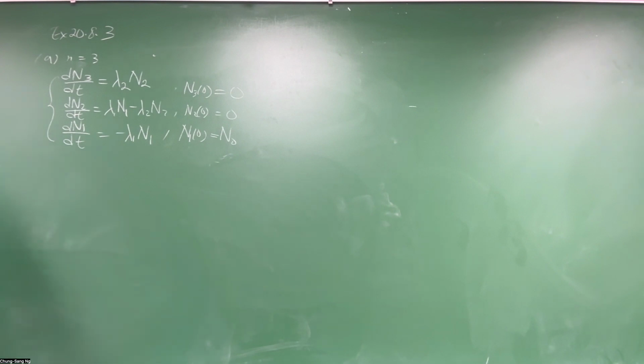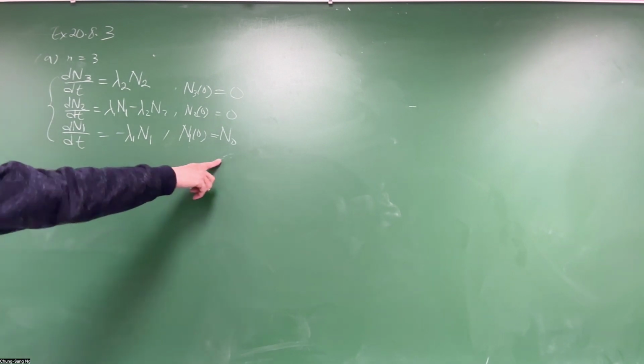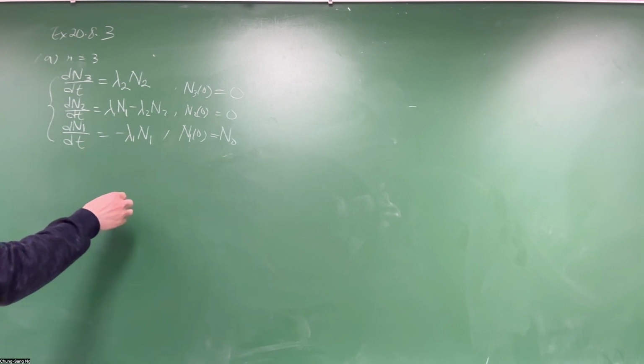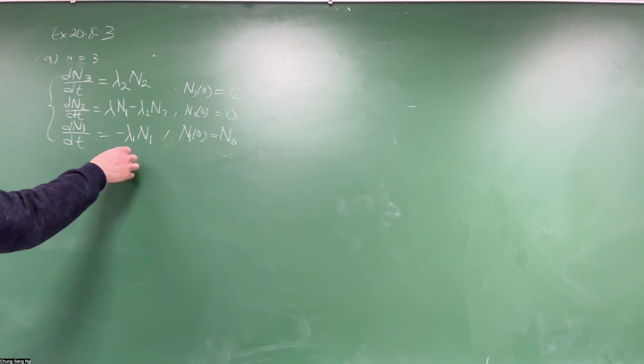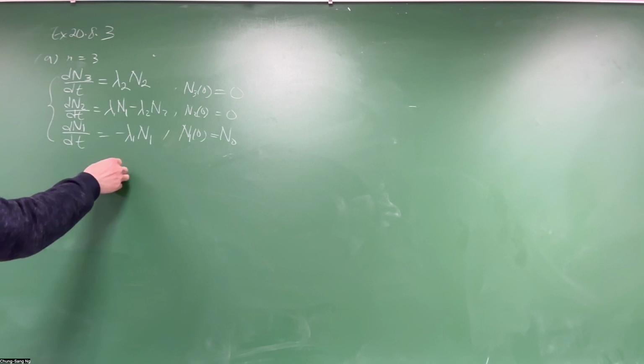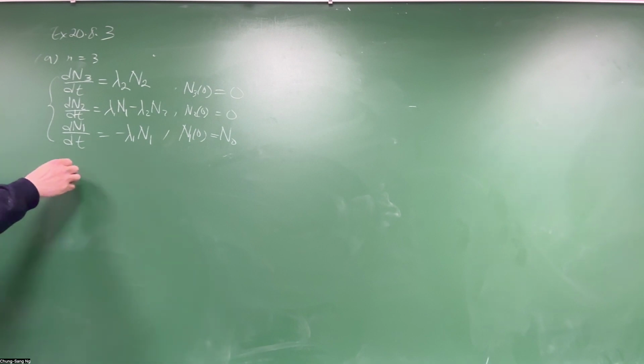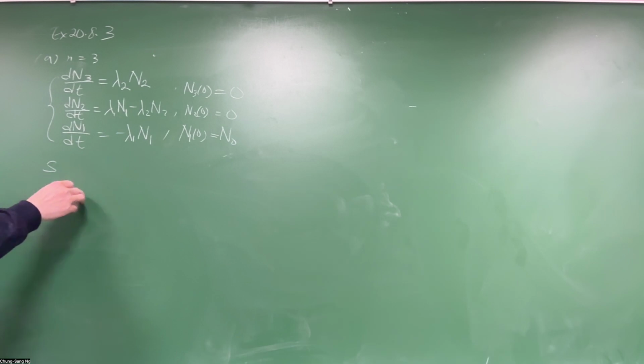But for us, using Laplace transform, right? So you can transform all this to Laplace transform. So how do we define the variables s? N sub 1, what should we call that? The transform.